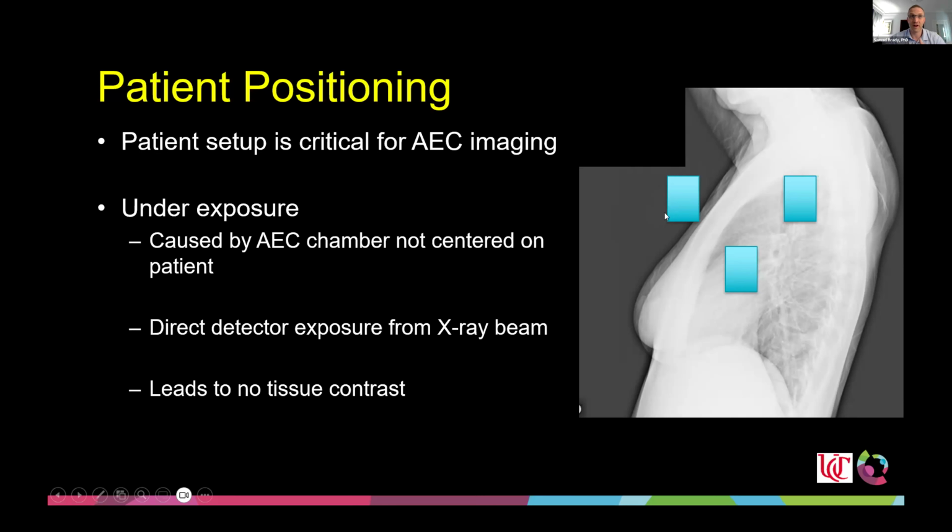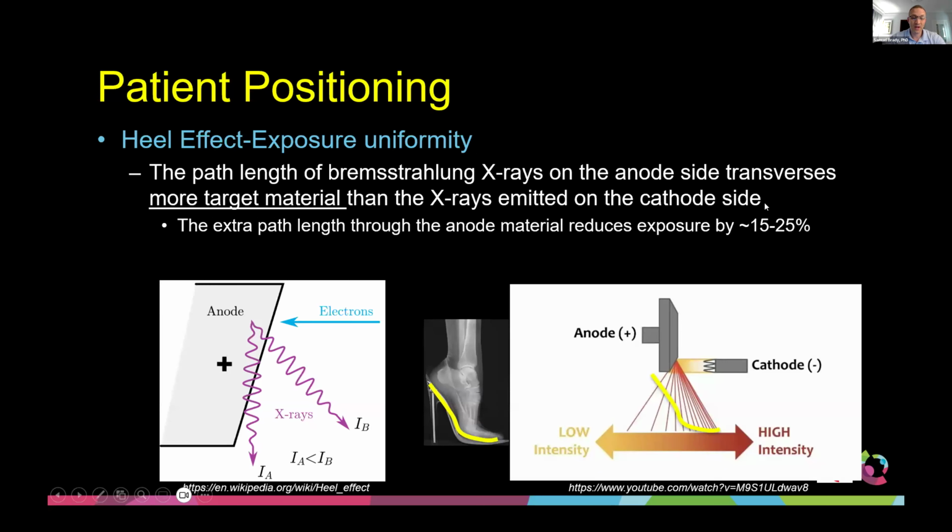So it thought it was a very, very small patient. In reality, it wasn't. It was just direct exposure to the detector, which led to an extremely underexposed radiograph, which required a repeat imaging process. So setup is important now that we transition from selecting our kV and mAs. Setup and proper selection of the AEC operating system is very important.